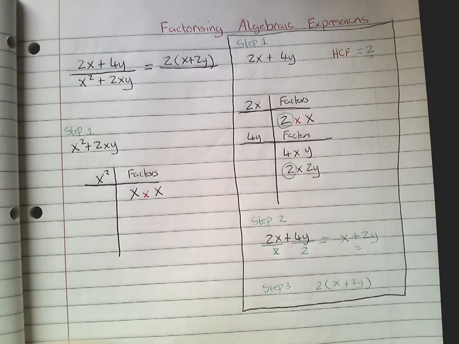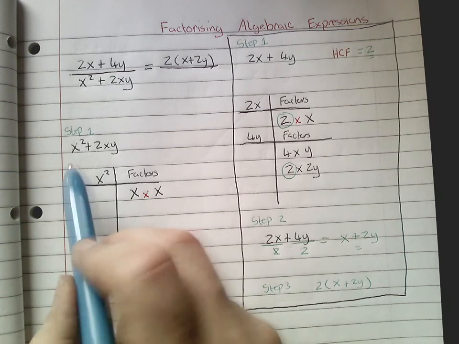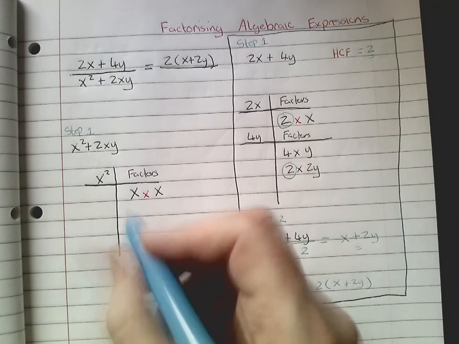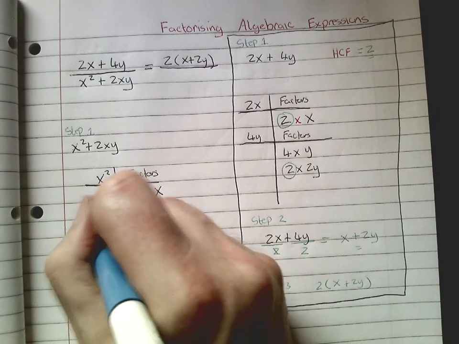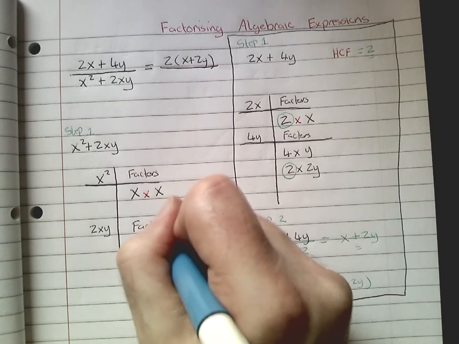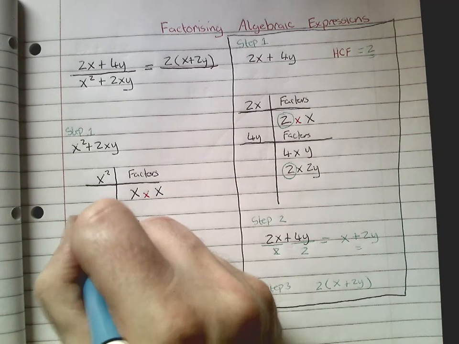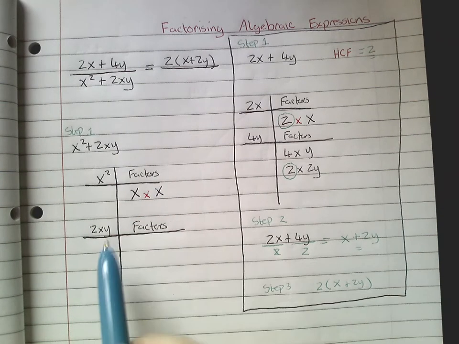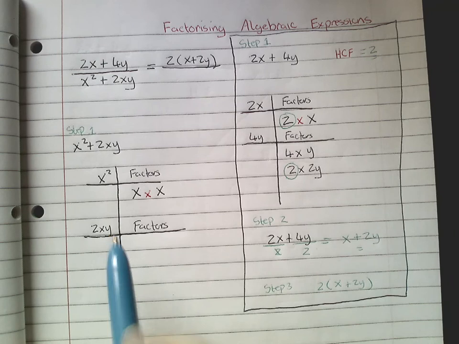Then I want to do exactly the same for this term here, 2xy. So we have 2xy, and we want to get the factors. What are some of the factors for 2xy?